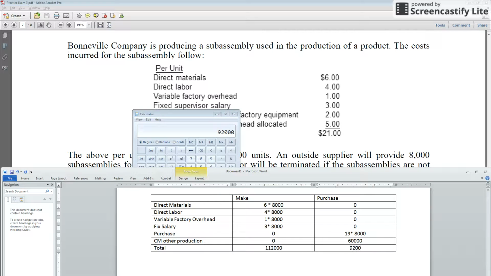Based on these two numbers, this time it is better to purchase rather than producing it. So that's it for this one, and in the last video we'll talk about problem 6.